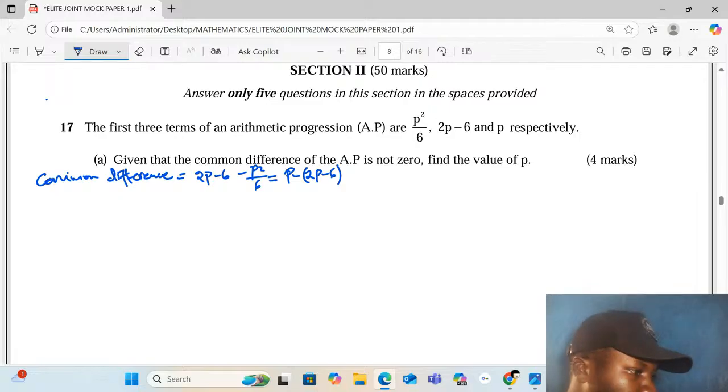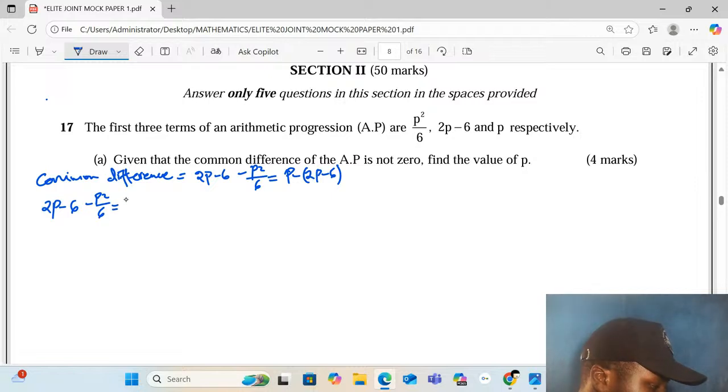So this equation now, we can solve it, whereby we have 2p minus 6 minus p squared over 6 is equal to negative p plus 6.